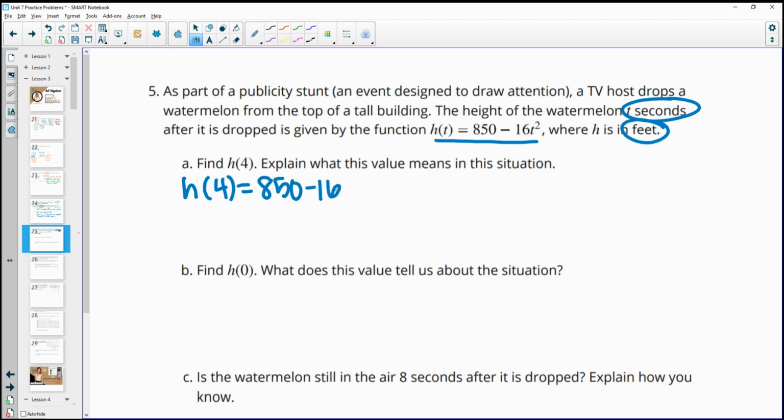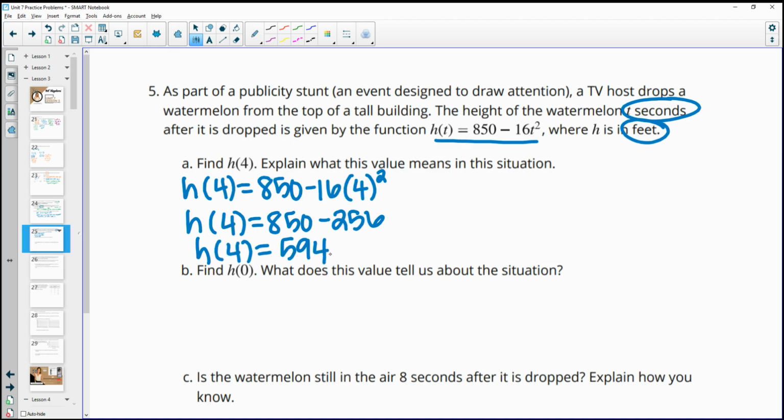So we have 850 minus 16 times 4 squared. And so we would get 850. And then 4 squared is 16. 16 times 16 is 256. So when we do 850 minus 256, we end up with 594.